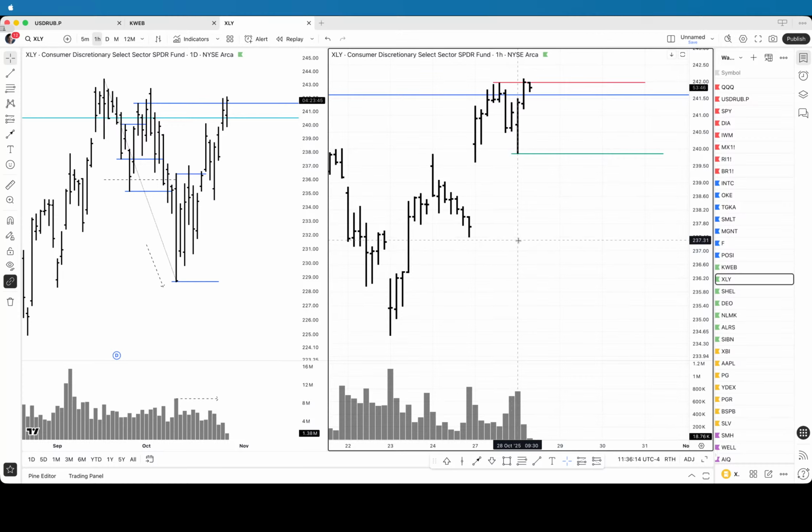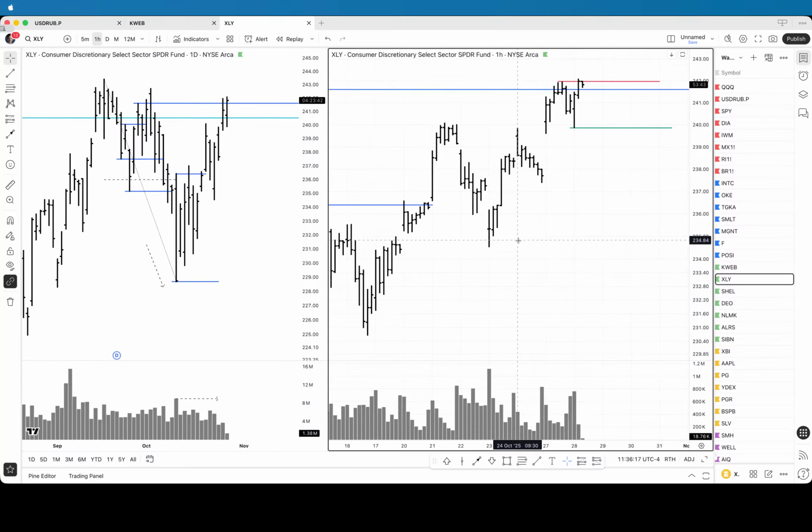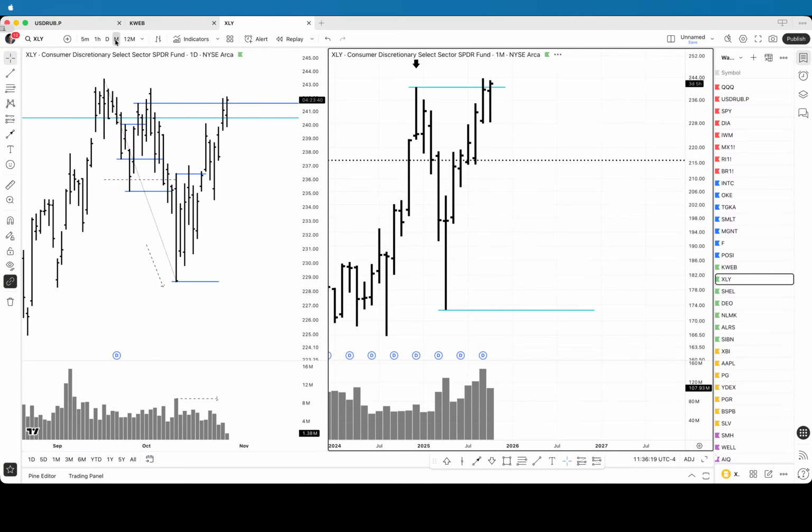Unvolumed, then volumed spring. So yeah, it looks like it wants to break.